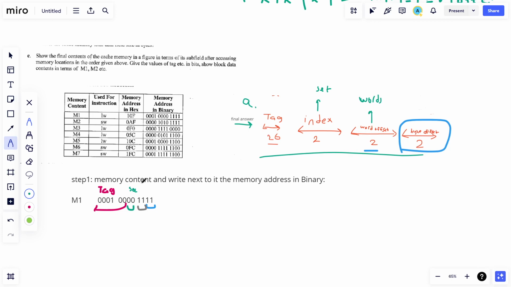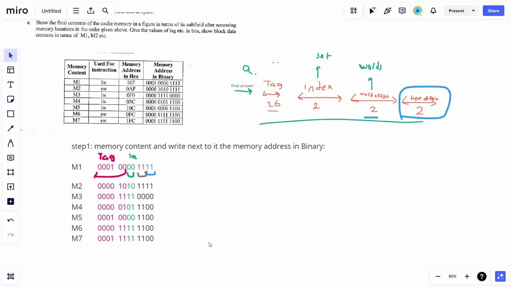Remember, the most important part is set and tag, and in order to reach them, we need to know how many bytes and words of offset we have, so we can skip them to see where the set is located. Okay, finally done. As you can see, all I did is mark the bits in the tag with a magenta color, and the bits in the set with dark green.